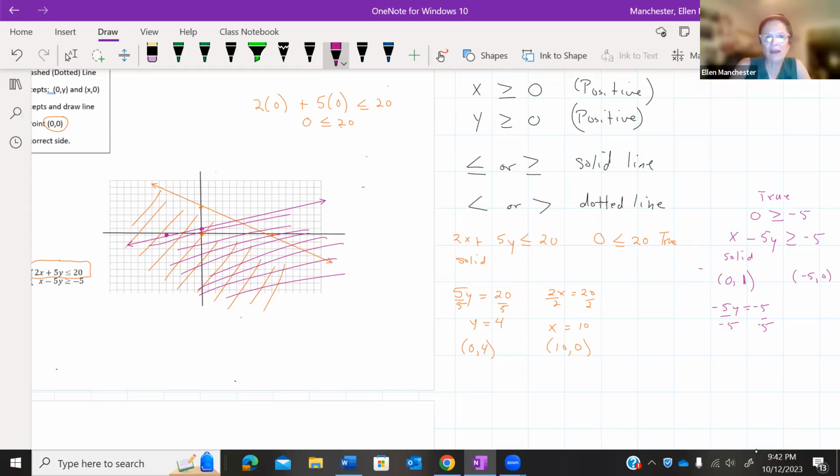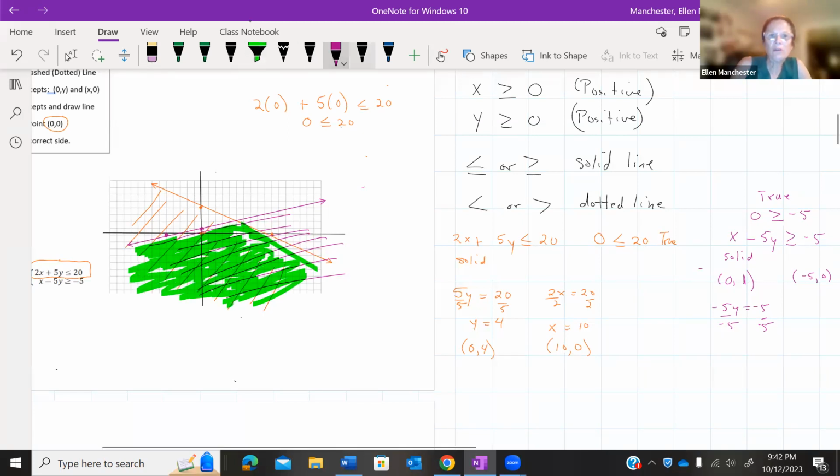So you can see that right down here in this area, I'm going to highlight it, it includes the lines, right? It includes both lines and then all of these points. Now, how do I know that this is the solution set?